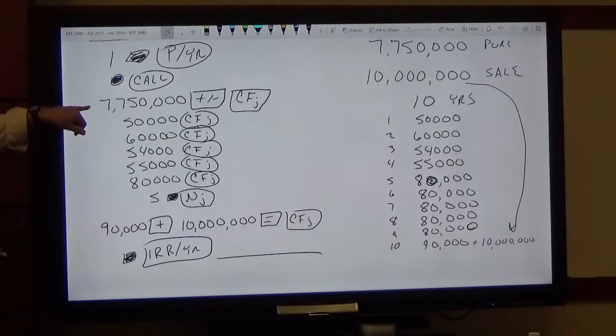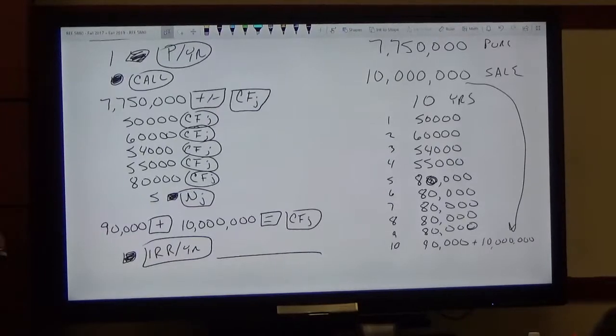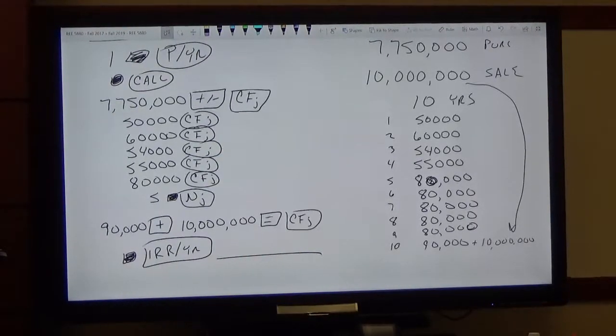Because if you put it in as a positive number, the calculator is basically saying you're receiving all of this money, so it's impossible to calculate a rate of return because it's infinite. It's like money falling from the sky. There's no way to calculate a rate of return because you've invested nothing. Okay, makes sense.